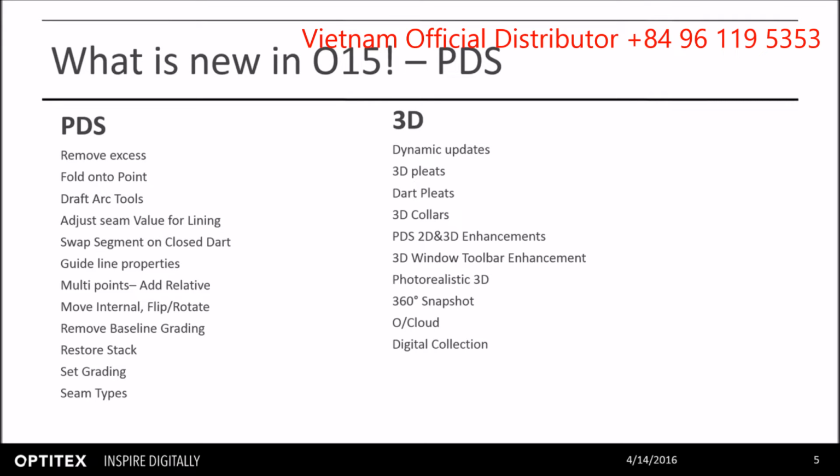Now, of course, we do have links which list in detail all of the new features that have been released in 15.3 and our current release 15.5. And at the end of the webinar, I will introduce you to our new website and our new help page to help you navigate through.